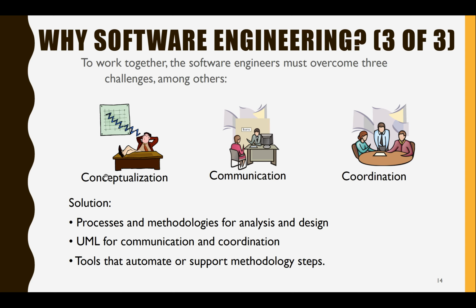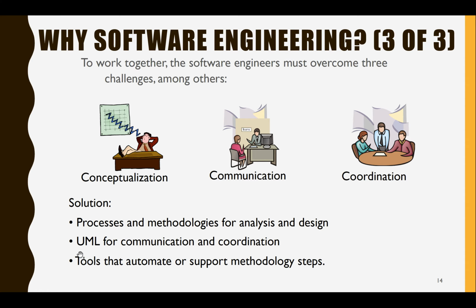So there are three main challenges. You need to identify the problems and design a conceptual solution. You have not written any code yet, but you have in your mind what kind of product would solve the problem. Then different teammates need to communicate effectively.